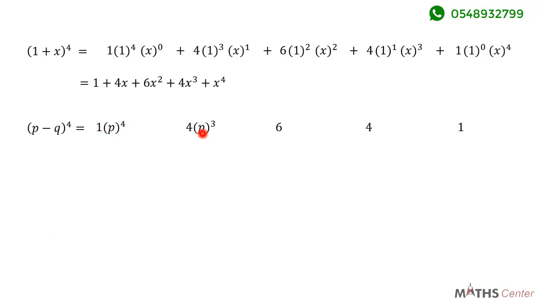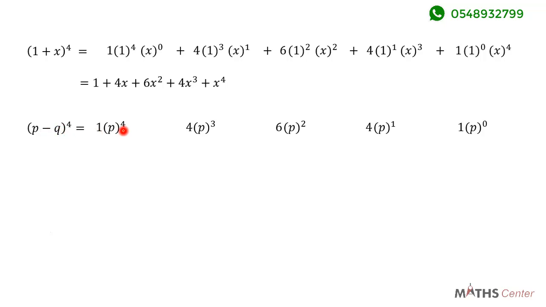In the next term, it will reduce by 1, so p will have an exponent of 3. The next term reduce by 1 again, so p will have an exponent of 2. In the next term, it will reduce by 1 again, so we have p exponent 1. In the last term, you have p exponent 0. Here, the second term in the expression is negative q.